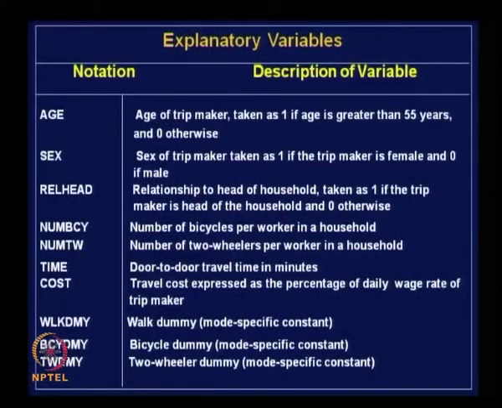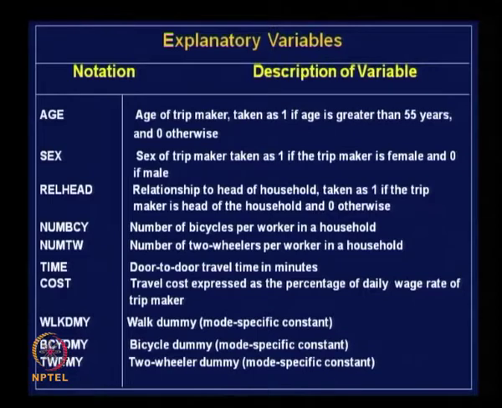Interestingly, you can find that a lot of binary variables have been introduced to bring in various socio-economic factors, right. Age is treated as a binary variable, sex again a binary variable, relationship to head of the household again a binary variable. Only number of bicycles, number of motorized two-wheelers and travel time and cost are the variables for which we will actually collect information.